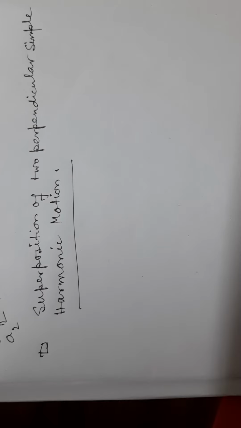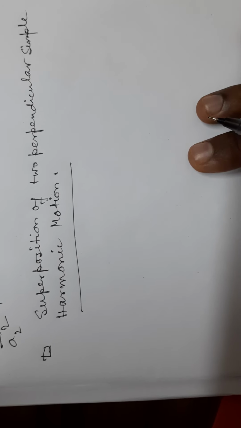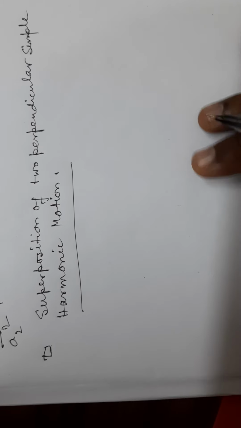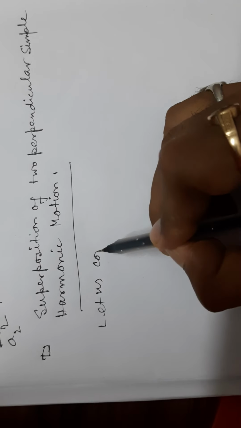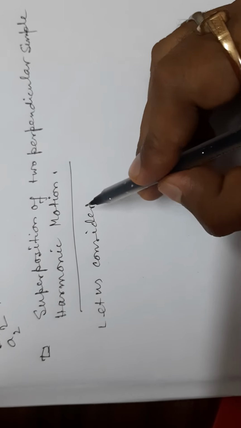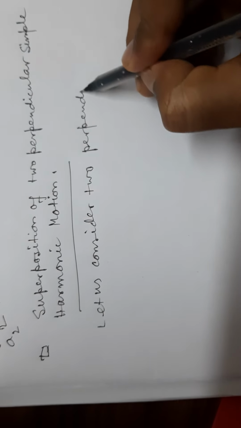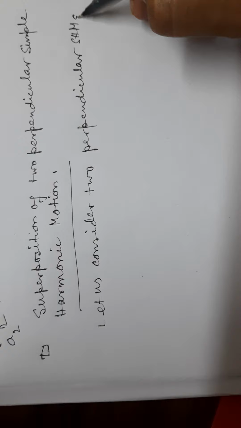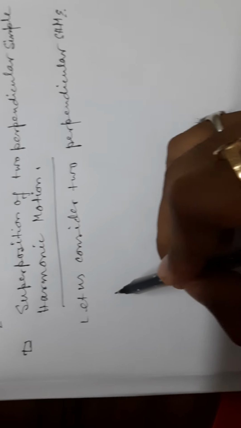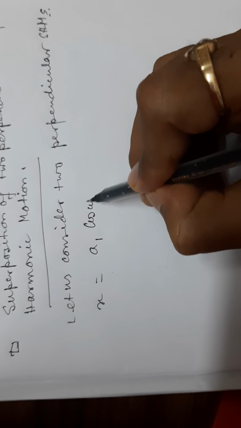Now we discuss the mathematical expression of the two perpendicular simple harmonic motions and their superposition. Let us consider two perpendicular simple harmonic motions: x equals a1 cos omega t.